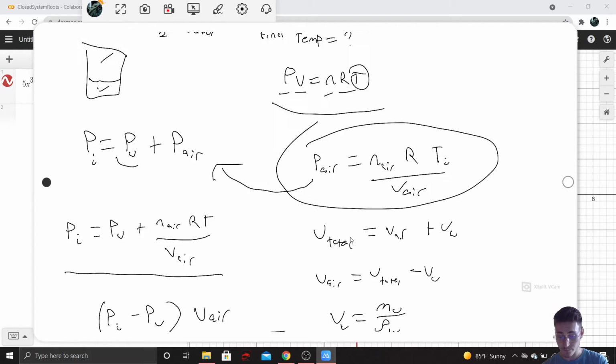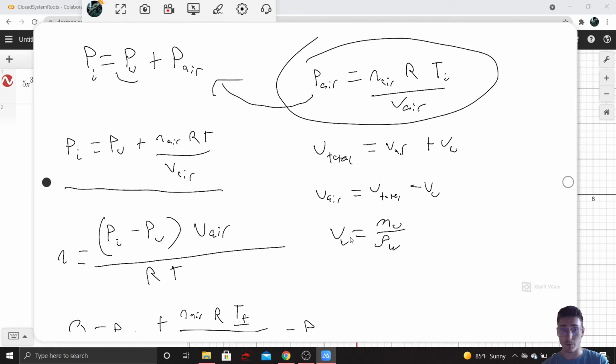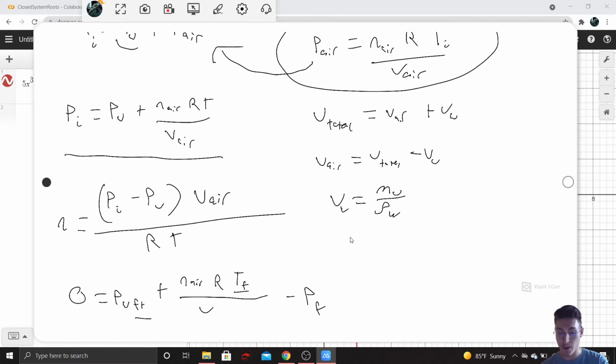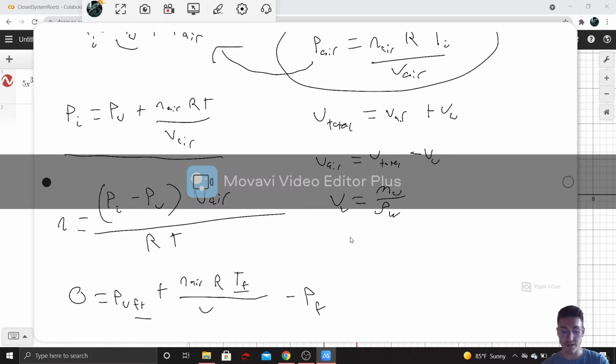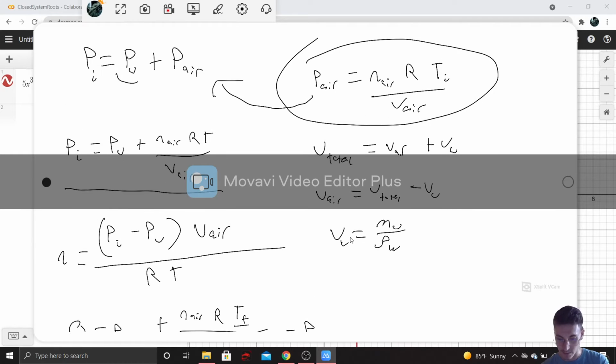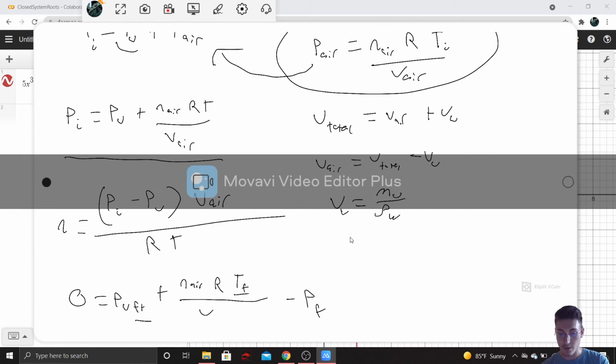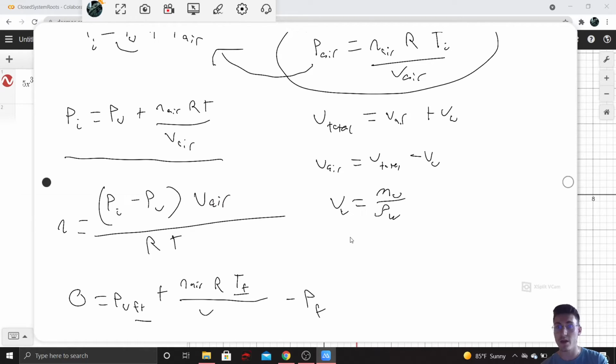We can apply the same technique, but if we go back down to here, we don't have just the total volume of air and water. We have to completely split it up now.